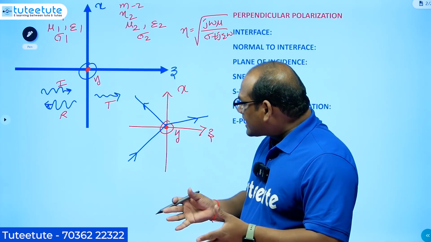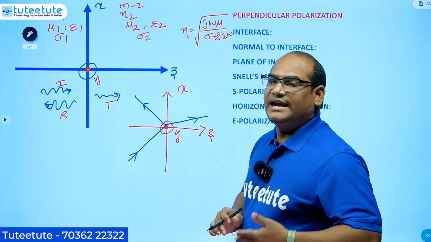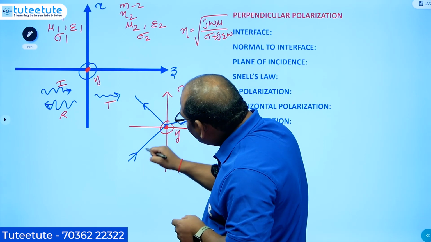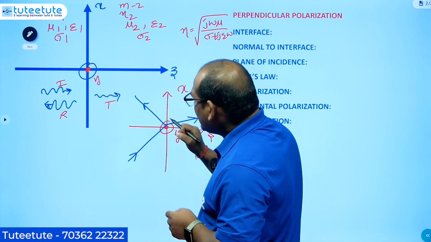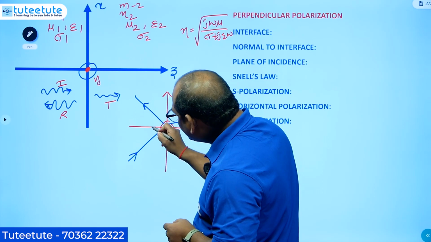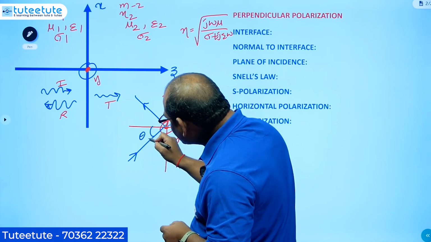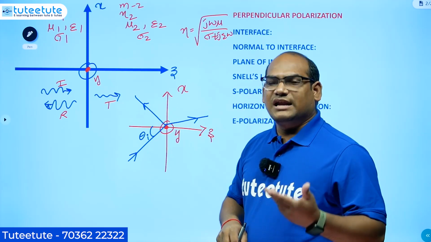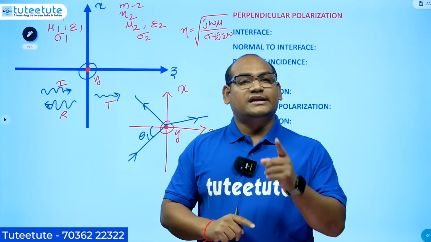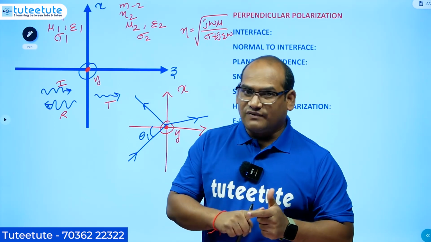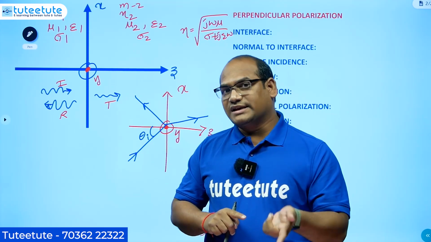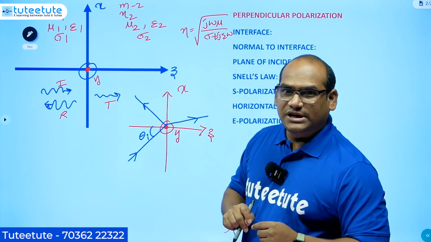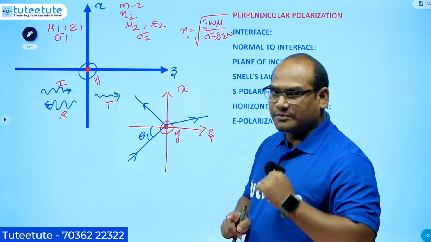Here, in order to talk about the angles related to the normal, we have to take those angles also. They are like this. The incident wave makes the angle theta i with the normal to the interface, that is the angle of incidence. Angle of incidence relates to the incident wave, angle of reflection relates to the reflected wave, and angle of transmission relates to the transmitted wave, which goes into the second medium.